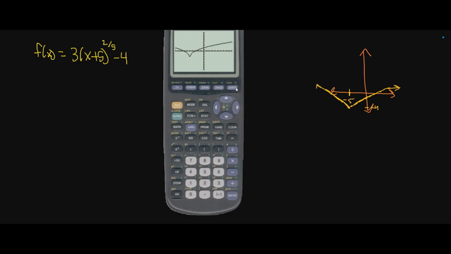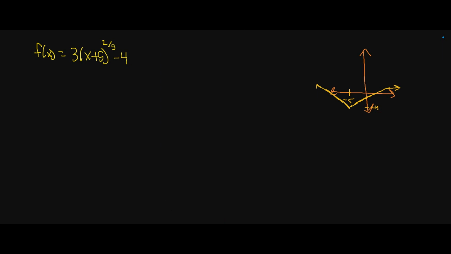If we go to graph this, it will look very similar. It does kind of make a U shape, so you know you're going to need a plus or minus. That's kind of the lesson. If you have an even number up here, 2, 4, 6, 8, it's going to make some kind of U shape, bird shape, and you're going to need the plus or minus.